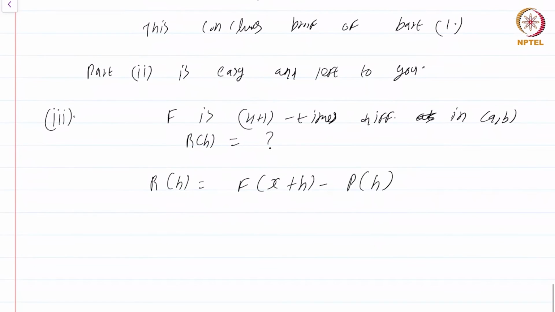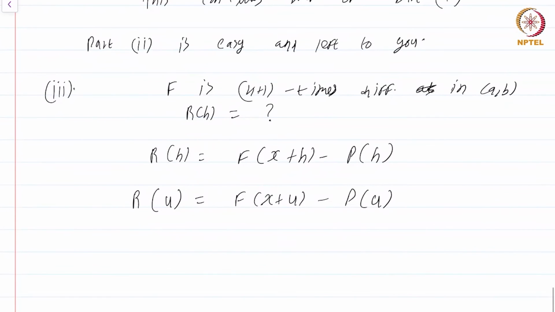Now I am going to treat R as a function of u for a moment, because at the end of the day, even though I write R of h, h is fixed, right? So I'm going to treat it as f of x plus u minus p of u.